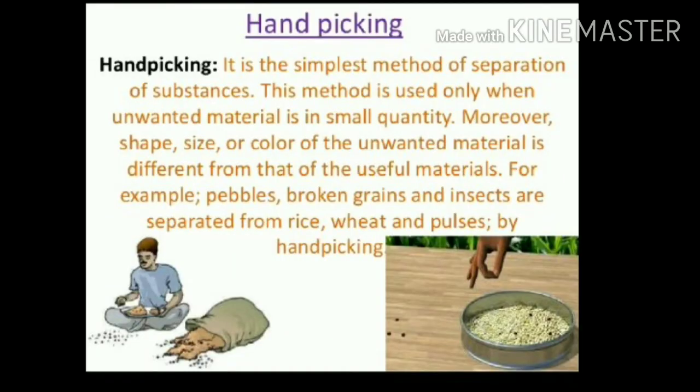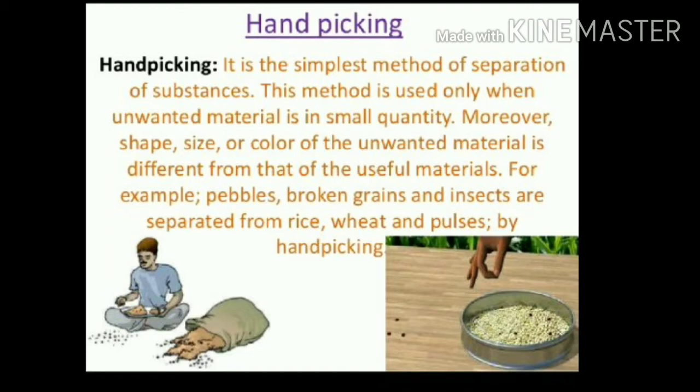This method is very simple and widely used. But where could we use this method? We could use it where the impurities are bigger in size. Hand picking is the simplest method of separation of substances.